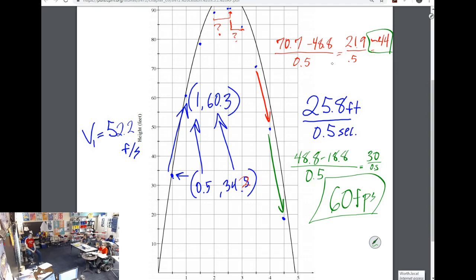On the way down, our velocity speeds up by approximately 16 feet per second.